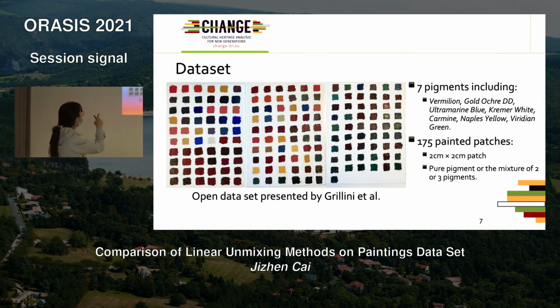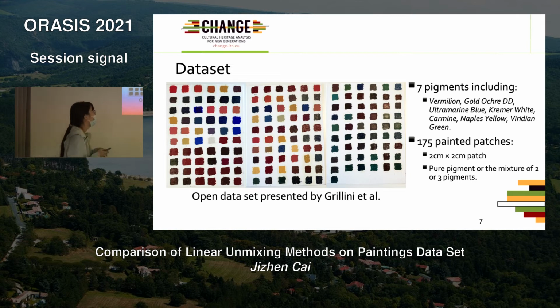For each color patch, there are 3 possibilities. Either it is just pure one of the 7 pigments, or it can be a mixture of 2 or 3 different pigments. Some of you may ask, why is the maximum here 3?